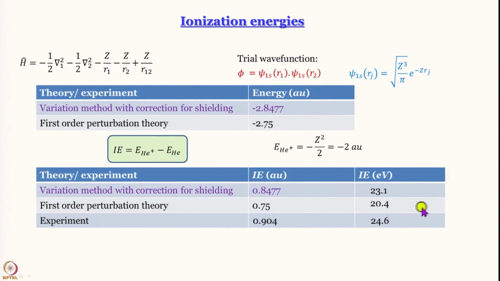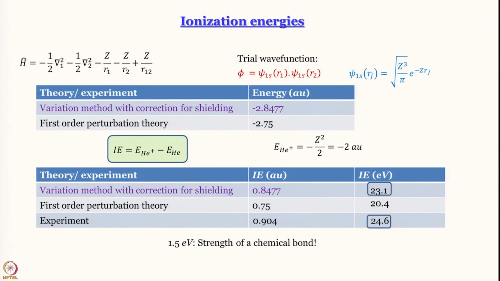So, 20.4 electron volt is definitely very far away from 24.6 electron volt ionization energy. Is 23.1 close enough? Well, definitely better than 20.4, but see the difference between 23.1 and 24.6, the number calculated from variation method and the number obtained experimentally is 1.5 electron volt.